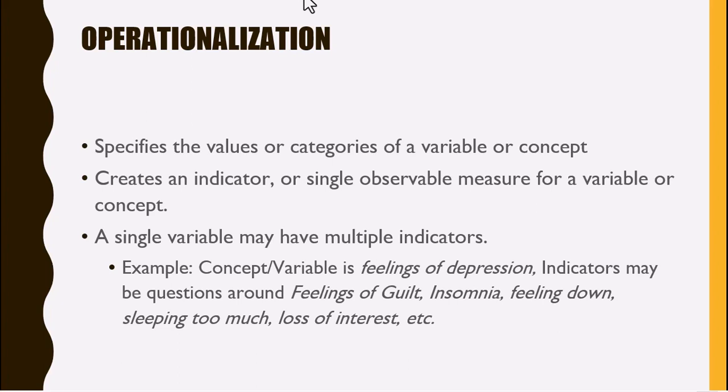For example, if our concept/variable is feelings of depression, our indicators may be questions around feelings of guilt, insomnia, feeling down, sleeping too much, loss of interest, etc. Each of these indicators represents an aspect of our overall concept of feelings of depression.